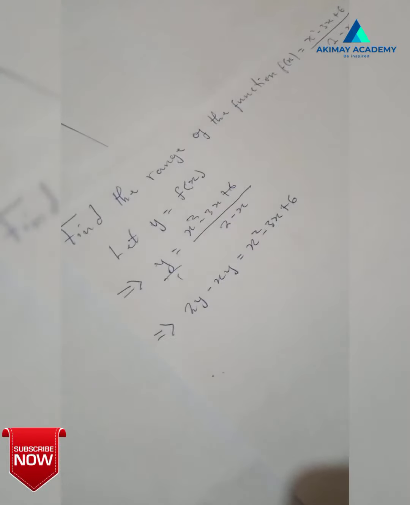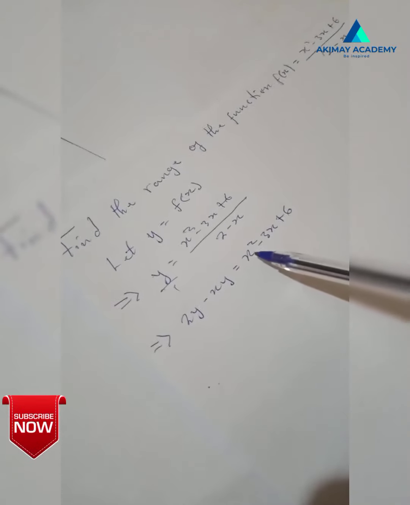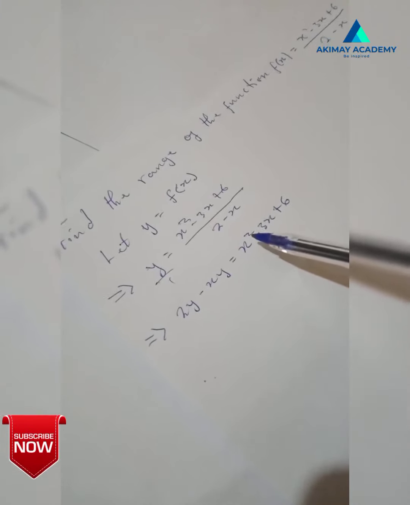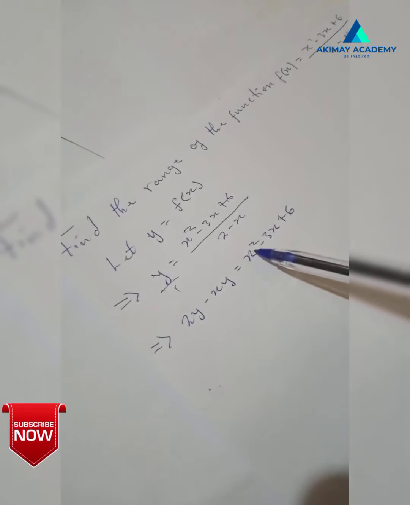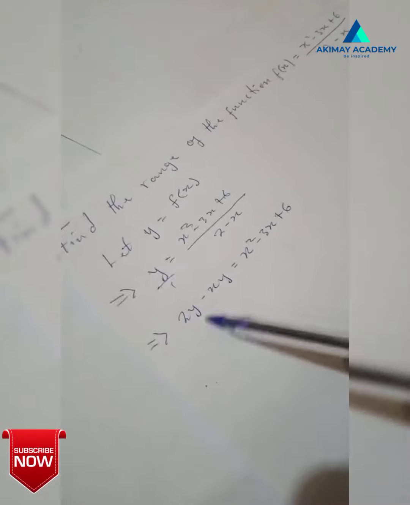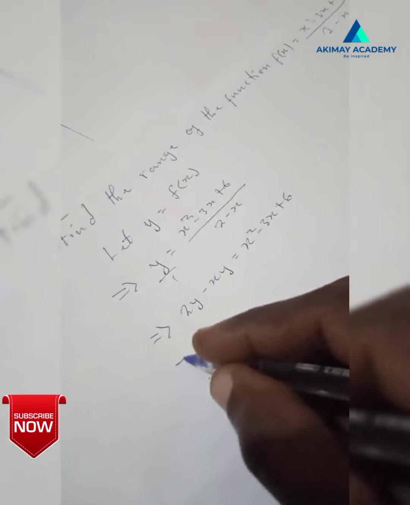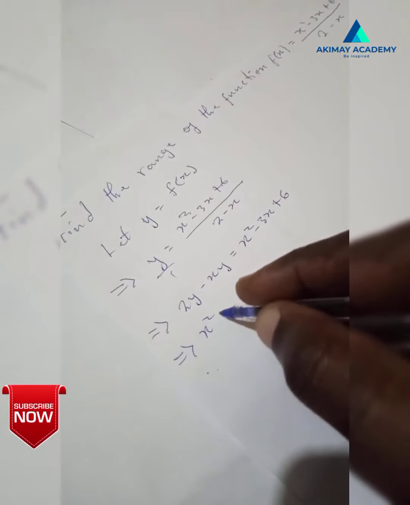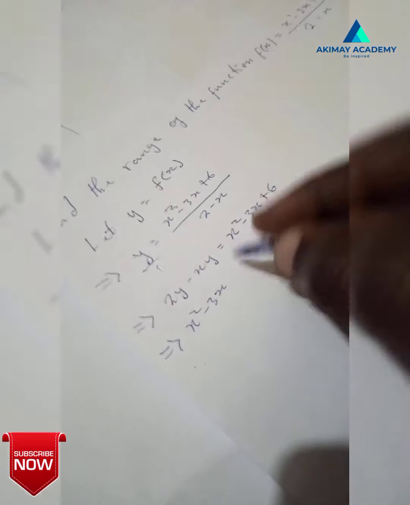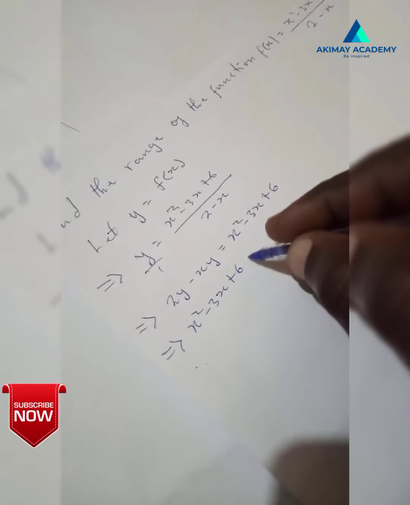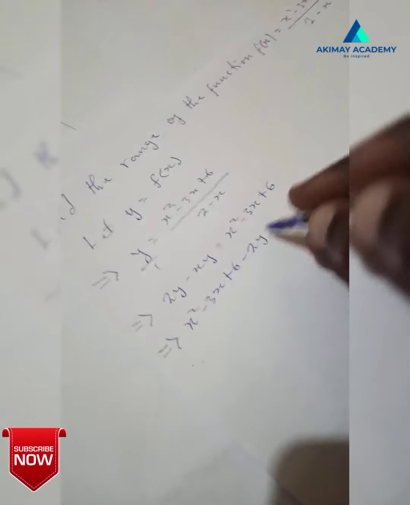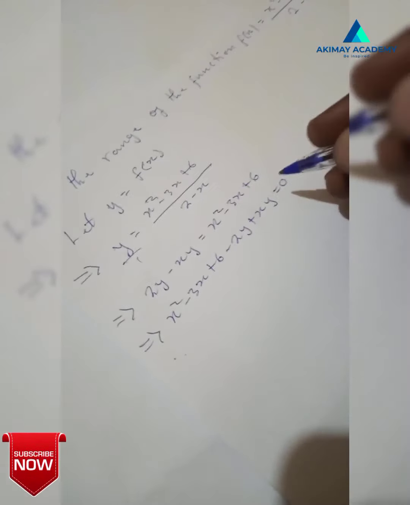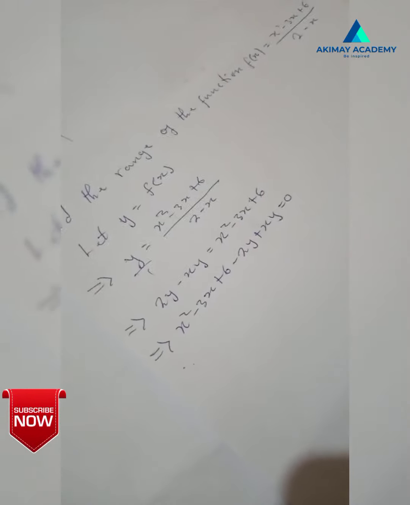From here we could see that the variable with the highest power is over here, which is 2. So we send this one to join them over there. So this is what we are going to have.